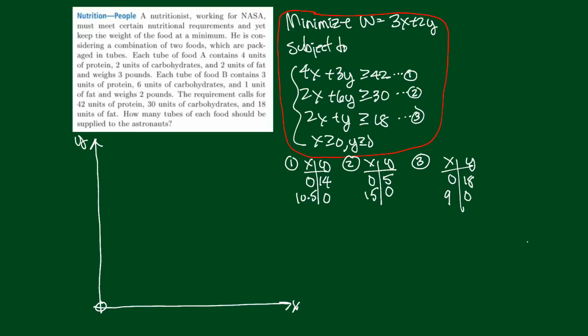Now, as I look at this, I look at my y values. I just like to do my y values first. It doesn't matter. But the biggest y I see is 18. So I'm going to put that 18 up here at the top. And then what about the 14 and the 5?